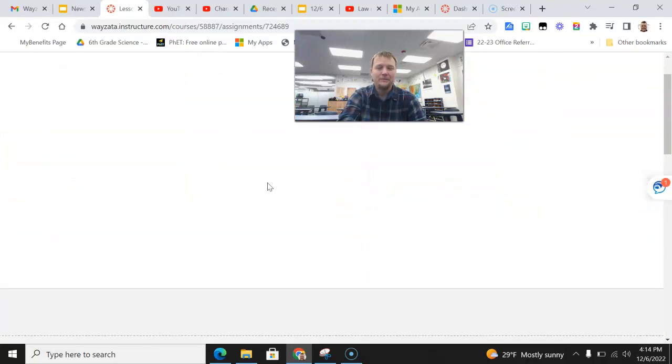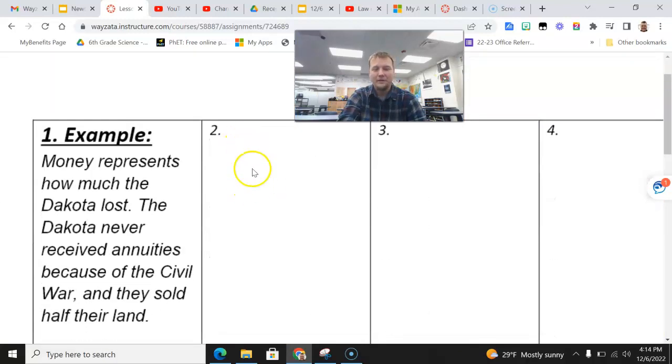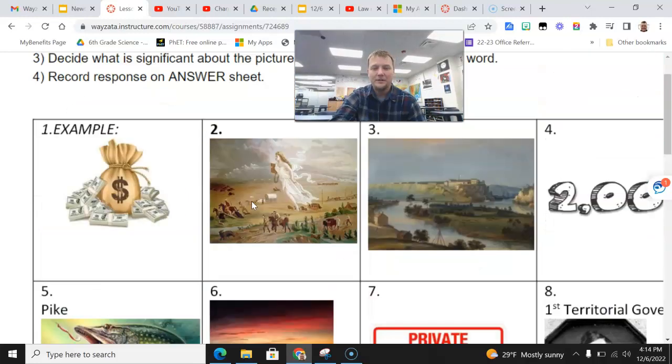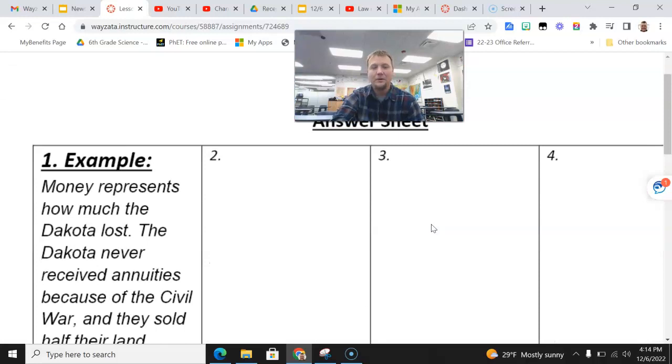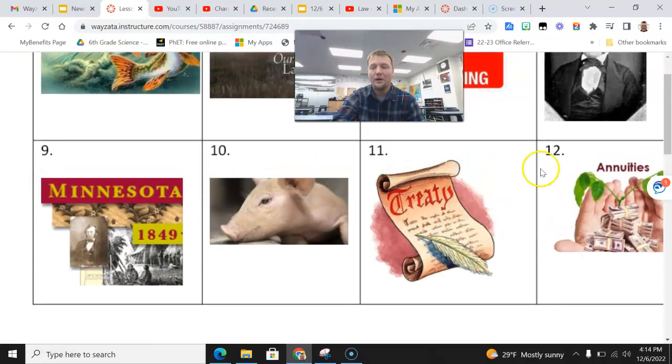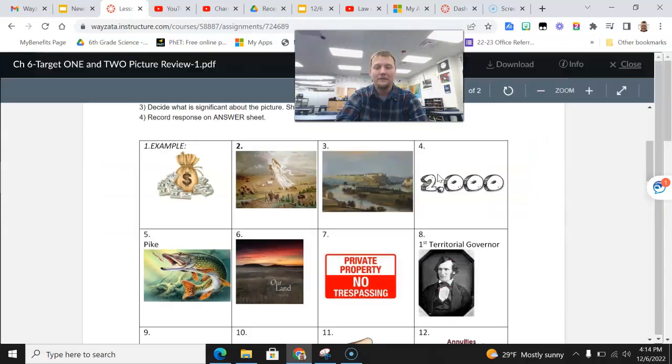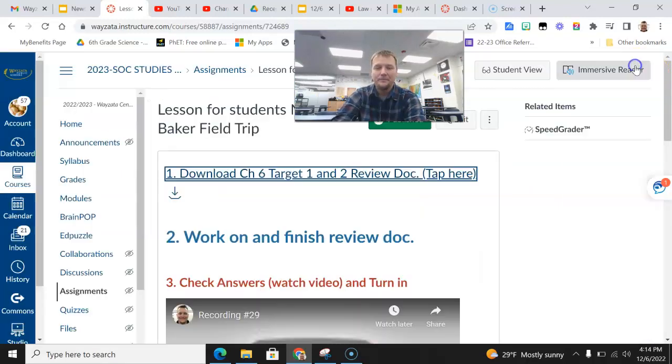Then go down to this spot and write your response to how that picture relates to Chapter 6, what we've been studying, in this box here, and then move on to number 3 and write your answer down here, and so on and so forth till you get through all 12 of the boxes.